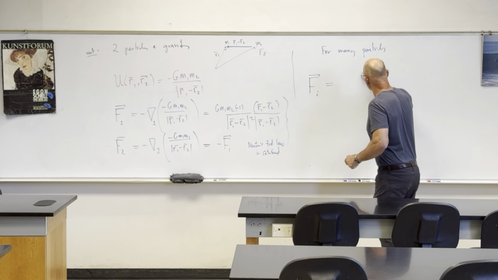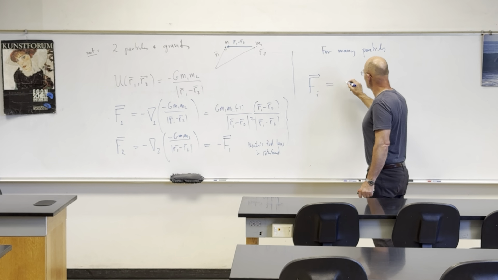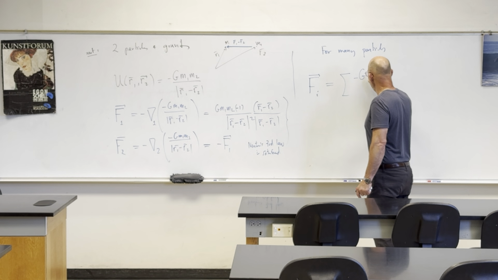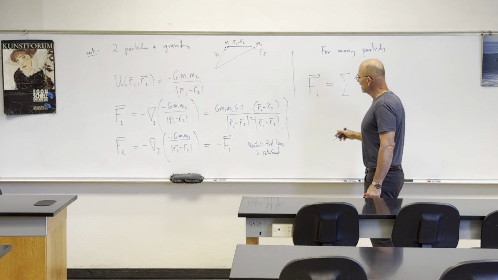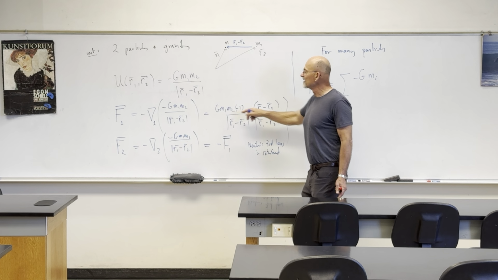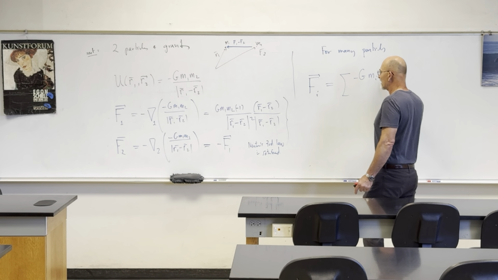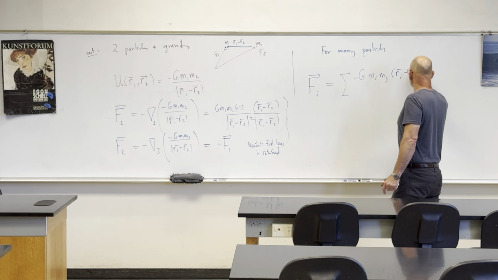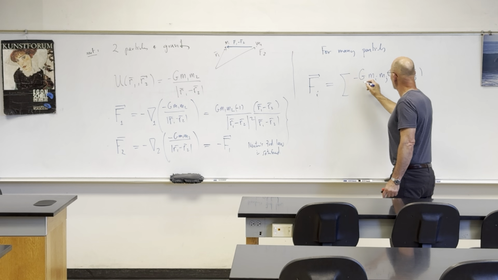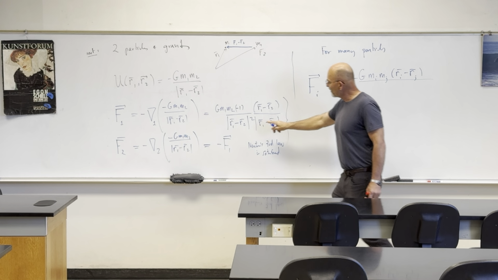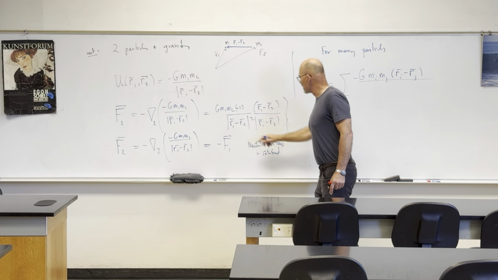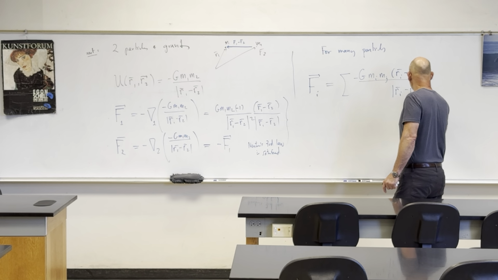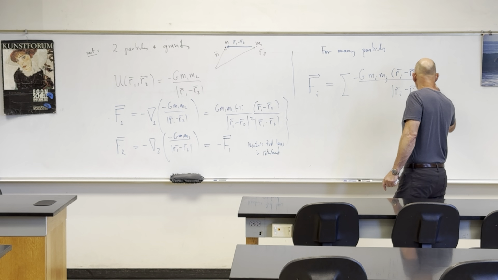We do the whole thing. So we'll have, I'm going to do a summation. So we'll have minus G m sub i, and this 2 would have been a j, m sub j, r sub i minus r sub j, and I'll take these together for the third power, r sub i minus r sub j cubed.